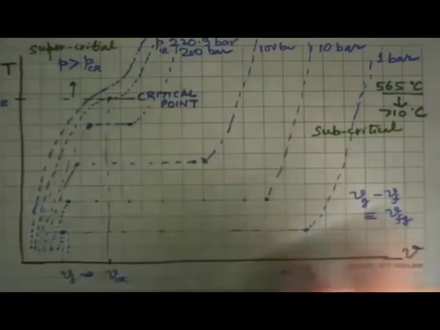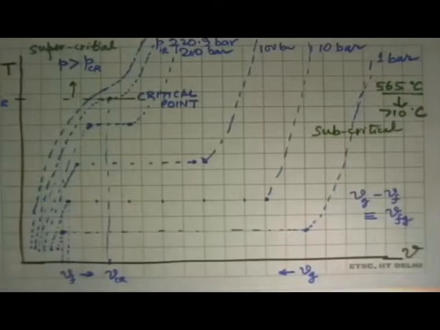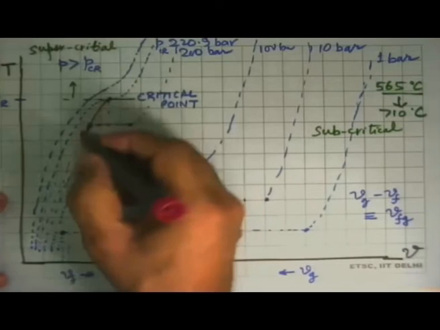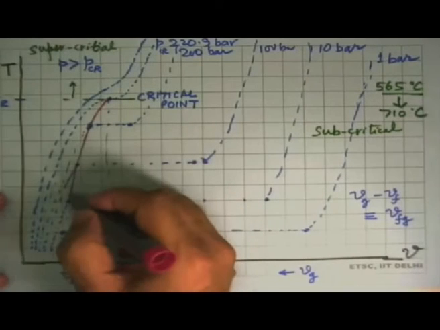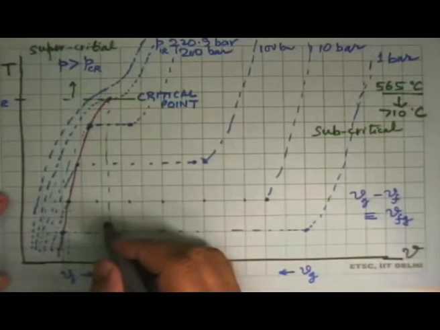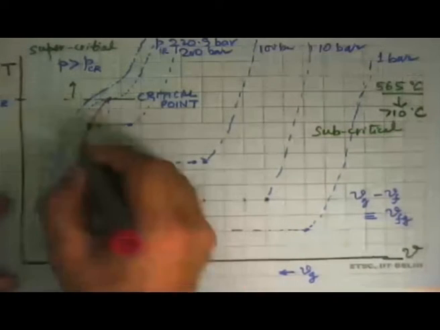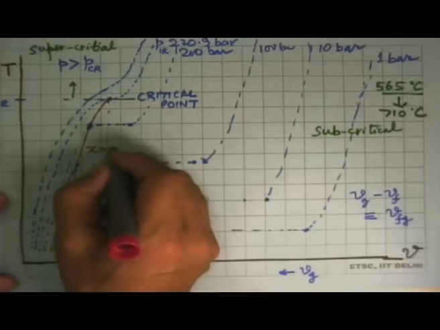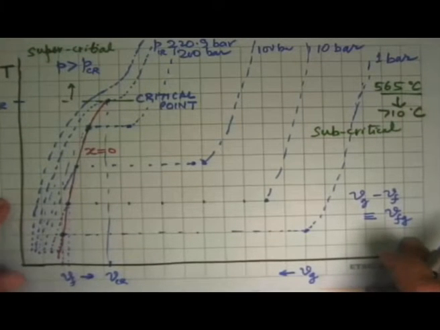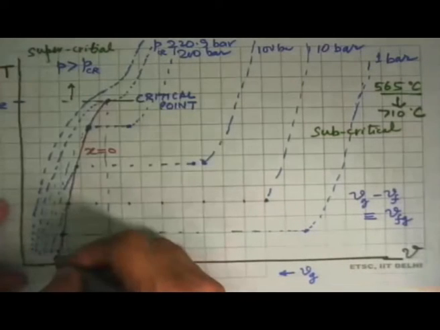So this is the type of picture we get. And now what we can do in this is that we join all these line points. These are all saturated liquid states at different pressures. So we can say that these are all representing dryness fraction 0, or this is a saturated liquid line.